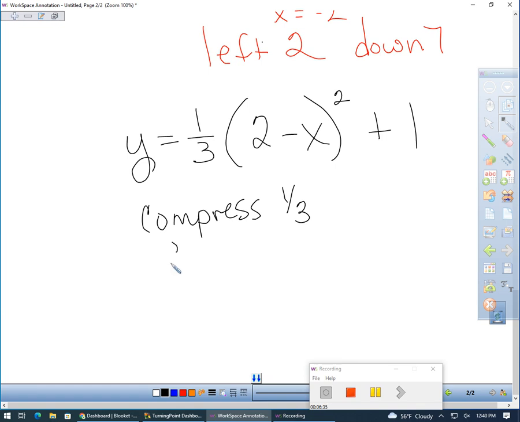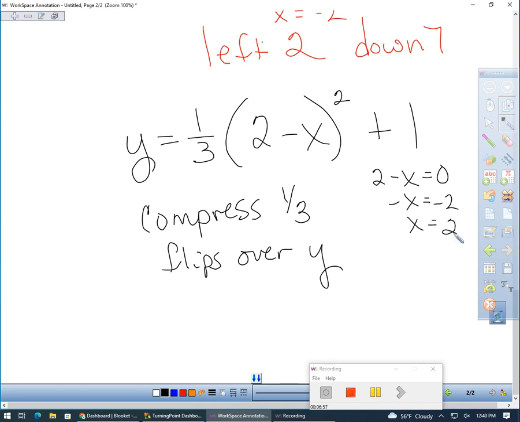Okay, flips over y. What else do you know? See, now this is where you got to be careful. It is right 2. Yep. So remember, you can take this, 2 minus x, set it equal to 0. Subtract 2, we get negative x equals negative 2, so x equals 2. So this goes to the right 2, maybe. And then the plus 1? Up 1. Very good. You guys are awesome.